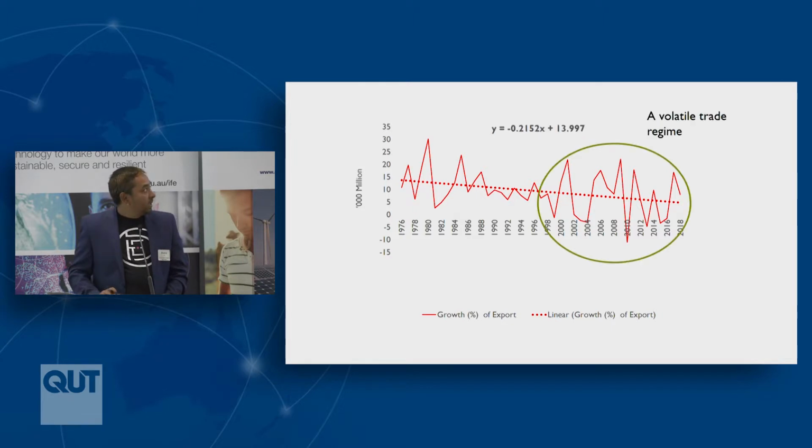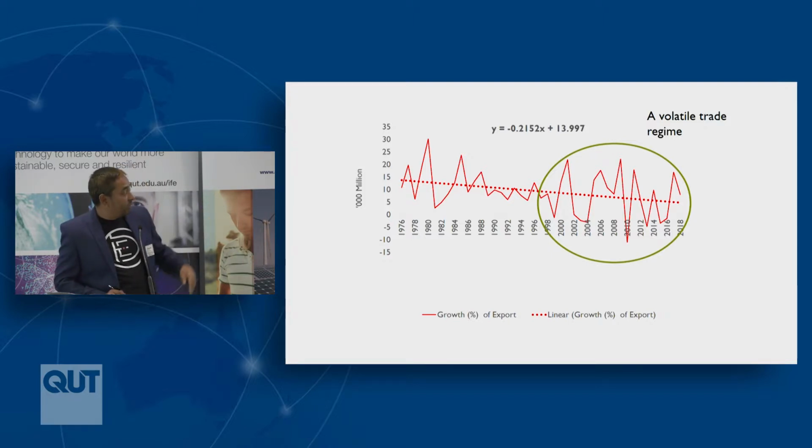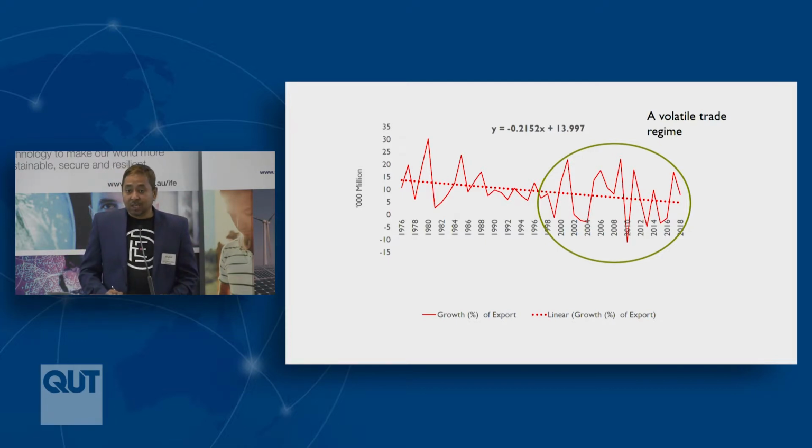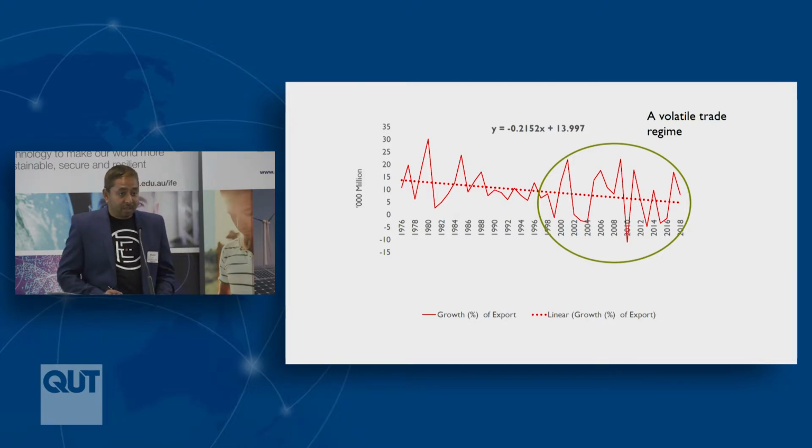Not only that, if you see the present trend, especially in the 2020s, you can observe the volatility of Australian export. Obviously, prices in the global market have been very volatile during the period of the financial crisis and so forth. But if you see the overall volatility, this is really alarming.